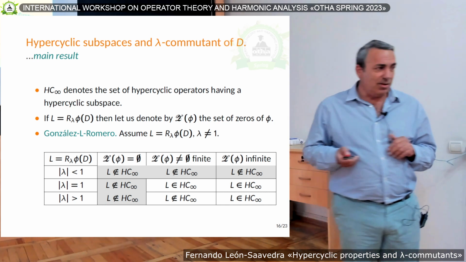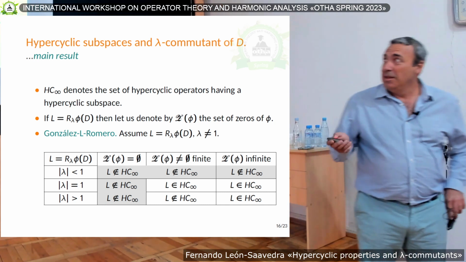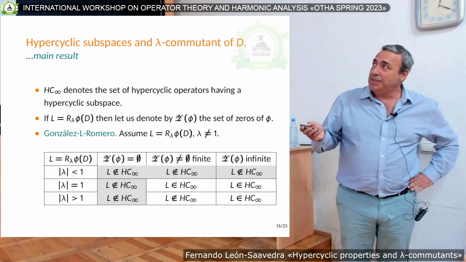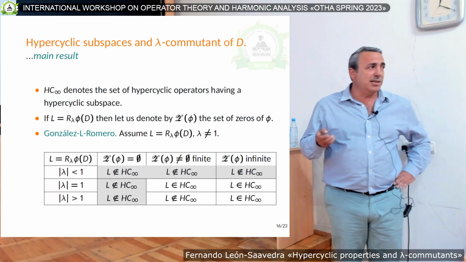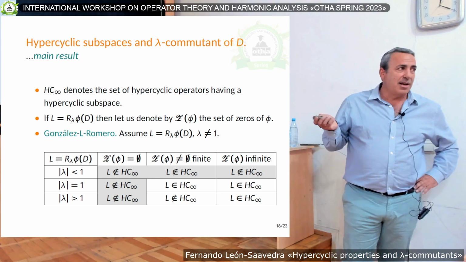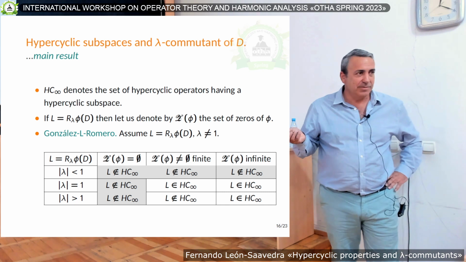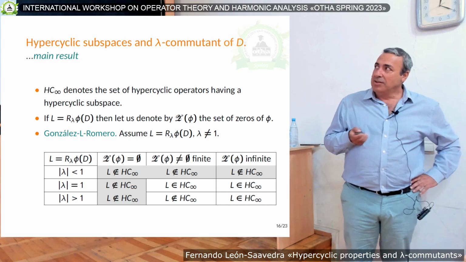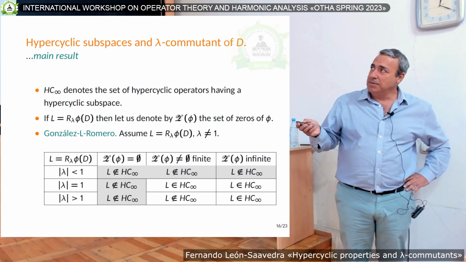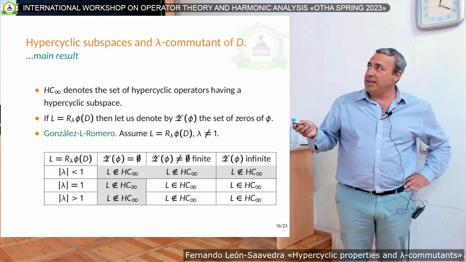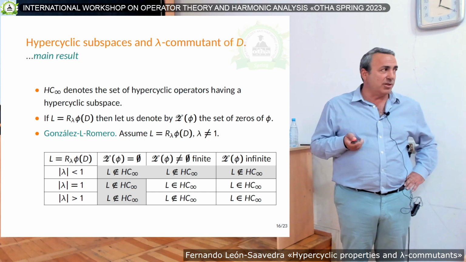And here is our result. Let us denote by H of C the set of hypercyclic operators having a hypercyclic subspace. Suppose that we have L a standard lambda eigenoperator of the differentiation operator.